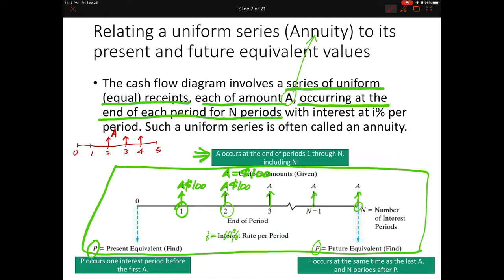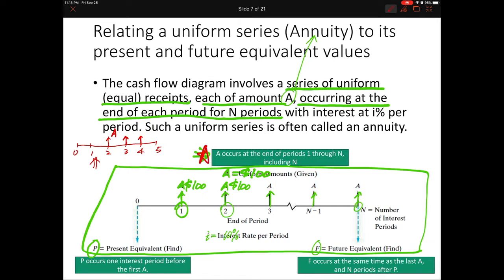Although we can say these three are still annuities, you cannot use the equation we're going to introduce in a later slide for this problem. Why? Because it doesn't follow the rule.